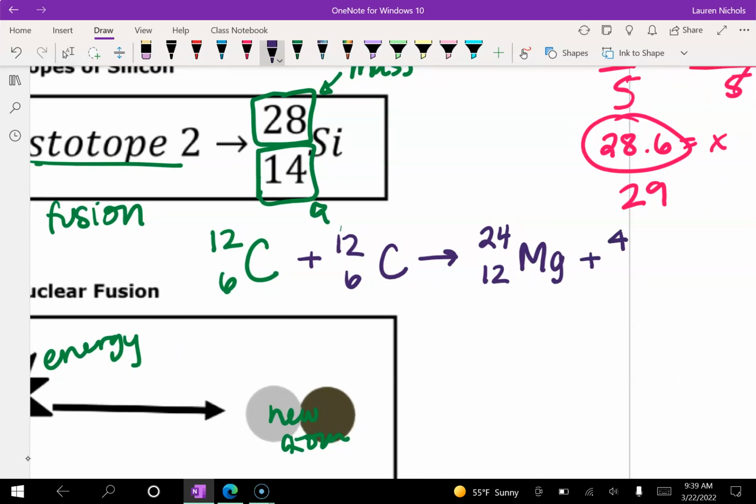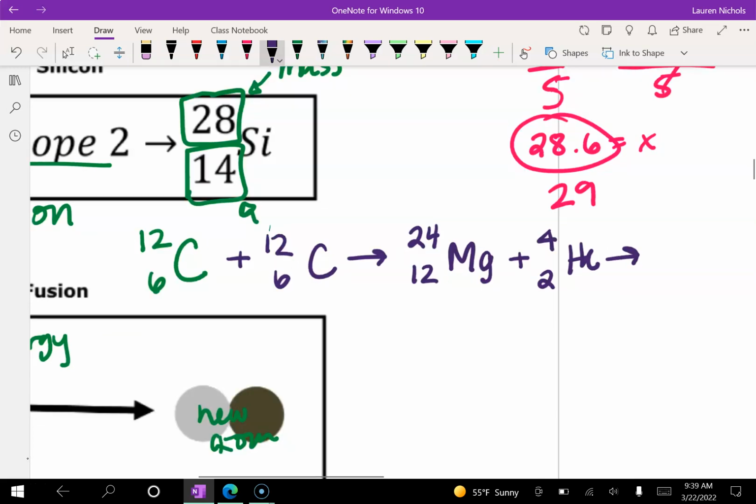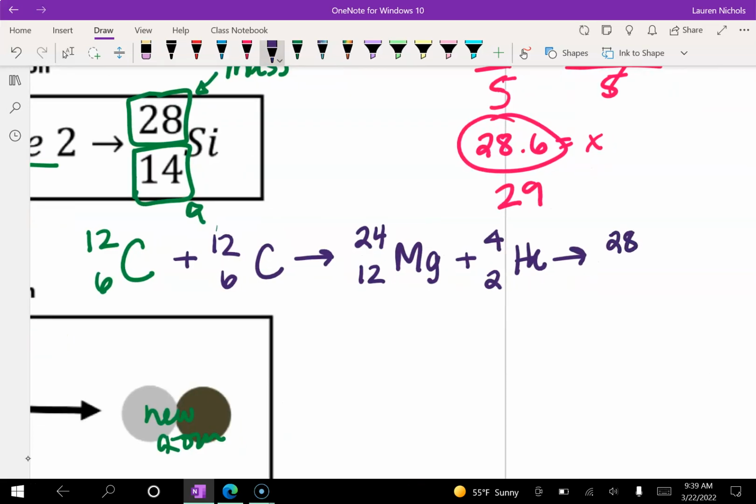So helium has a mass of 4 and an atomic number of 2, and if we add a helium atom into that, that will also give us the mass or the isotope of silicon that we need. So if we're starting with carbon, we'll need 2 carbons and 1 atom of helium, and we can create silicon.